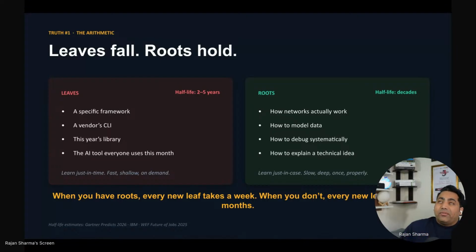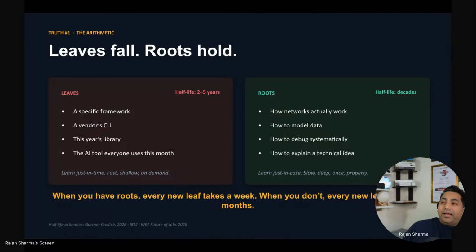So leaves fall every season, roots hold the tree for the next 30 years. This is how you need to understand that. And the trap you will feel here is that people spend their entire 20s collecting leaves with no roots, and they wonder why every new technology feels like starting from zero.